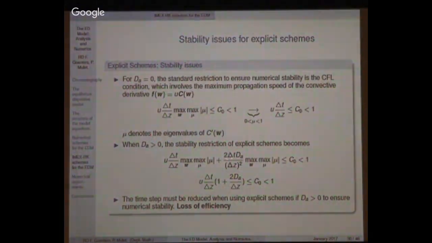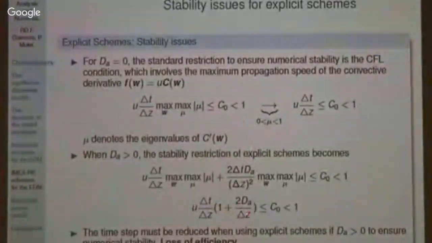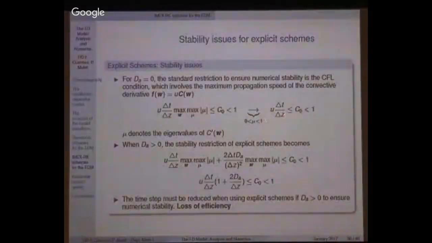So you have increment of t over increment of z squared, okay? So by the same bound on the propagation speeds, you have that with respect to what you had when you have dA equal to 0, you have a reduction of the time step, a necessary reduction of the time step.